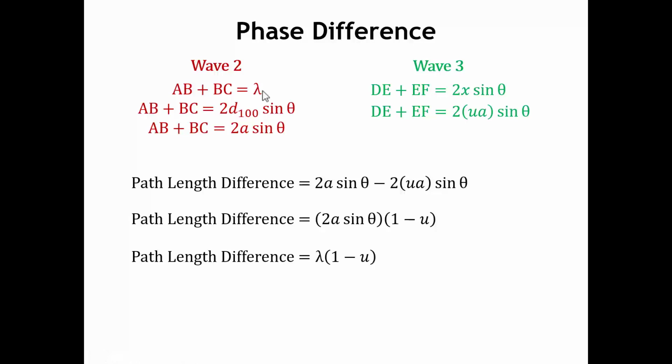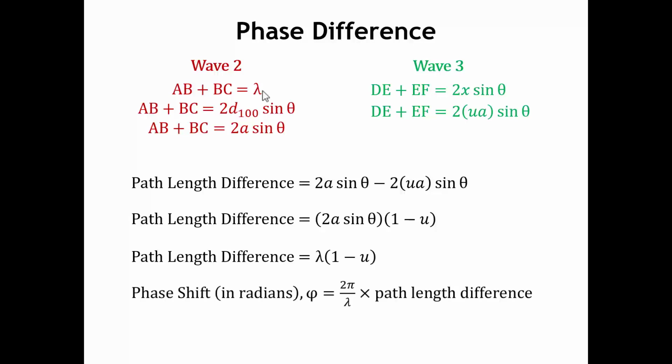But to use our newfound skills with combining waves, it's actually more convenient not to have the path length difference, but to think about the phase difference between these two waves. Because they travel different distances, they're going to be out of phase by some amount. We can convert from a path length to a phase shift by taking the path length, dividing by the wavelength, and multiplying by 2 pi.